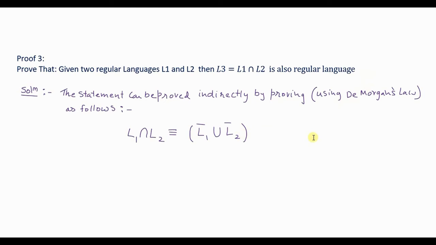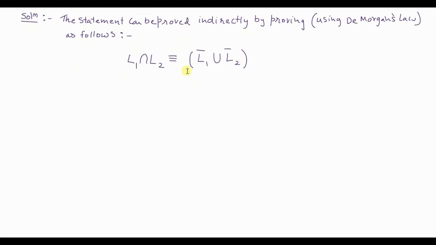Okay, now we are given two languages L1 and L2. So first we will have to prove, I will just tell you the overview of how we can do it. So we have to prove that L1 bar and L2 bar are regular.